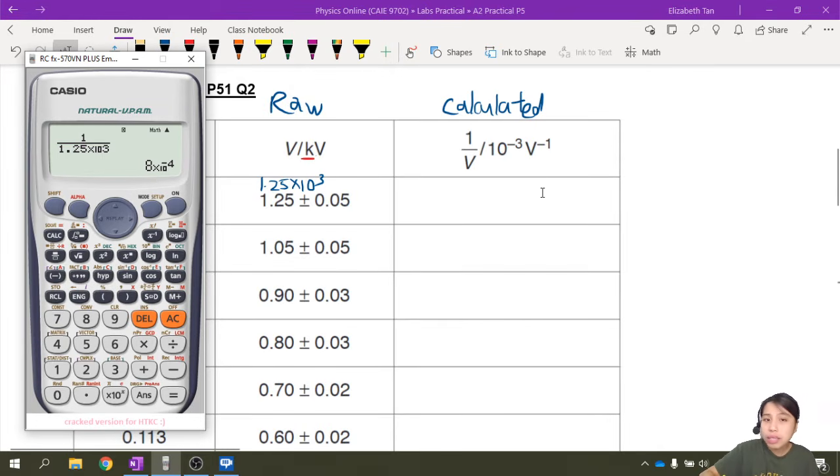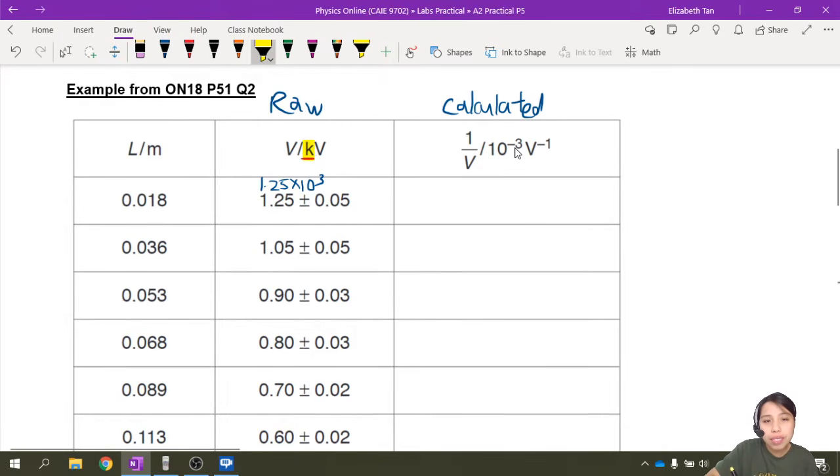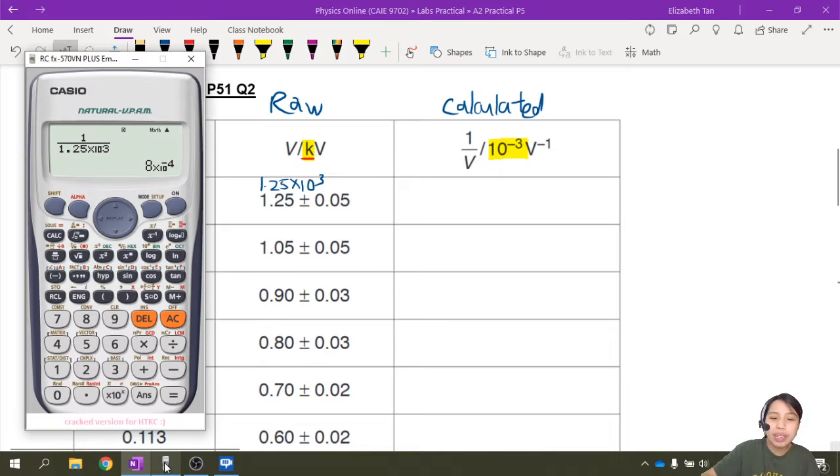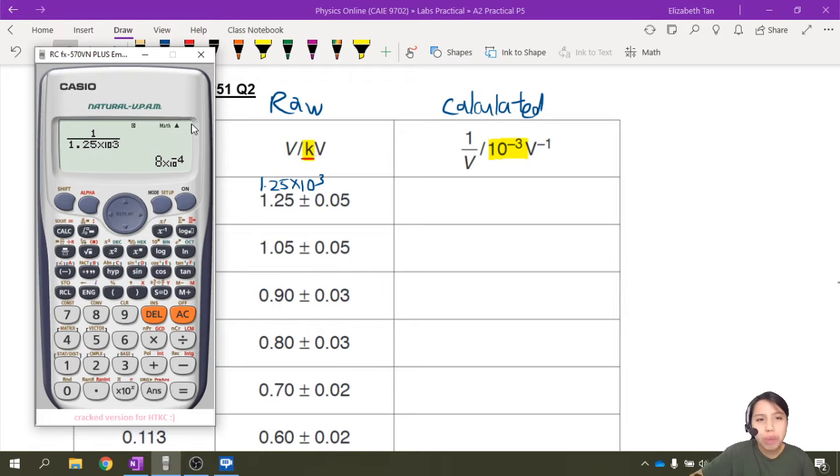But the second thing to be careful of is to look at the unit over here. There's a prefix. So your first prefix here is kilo. The second prefix here is in a number form. So you need to remember that it's a number form. Luckily, let me show you a tip. Casio calculators, actually most of them, can adjust the prefix for you. So on your calculator, look for the ENG button, E-N-G. See this one right here? I'm trying to hover my mouse. Press the ENG button. You see what happens?